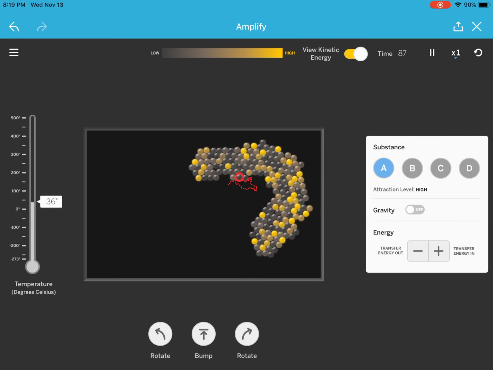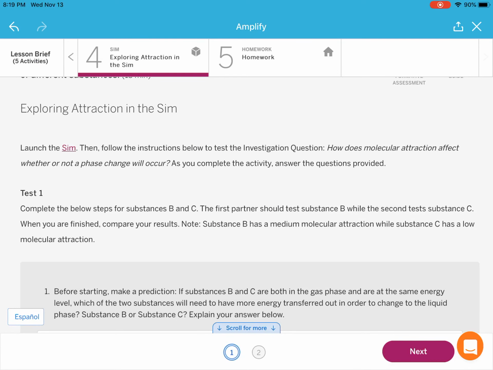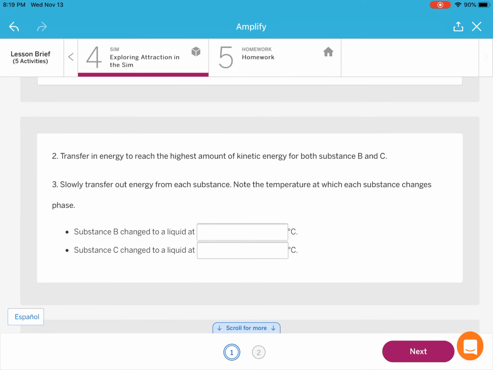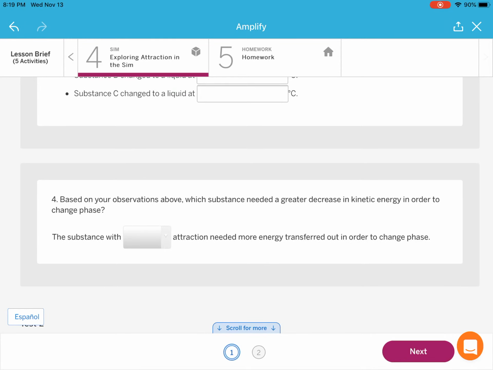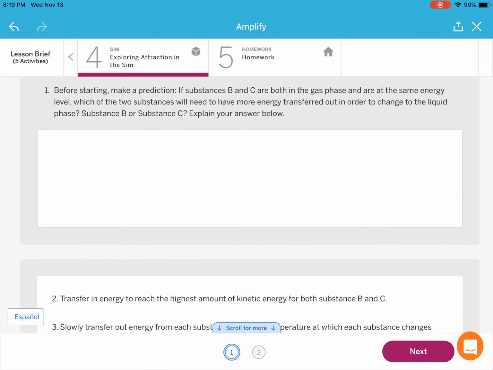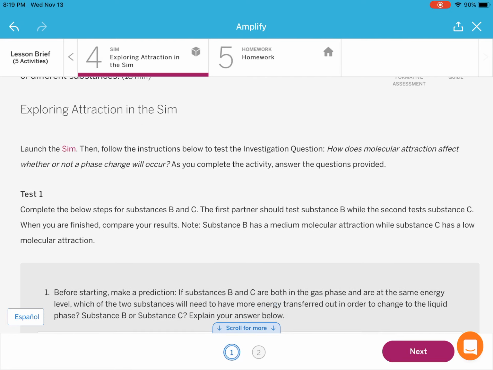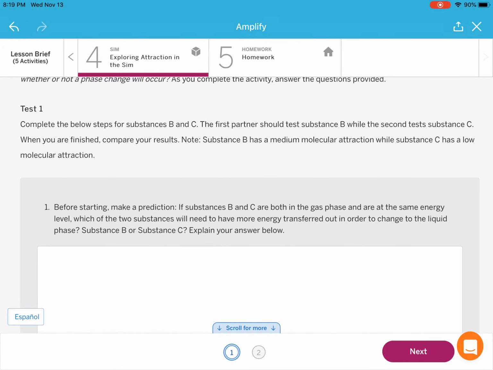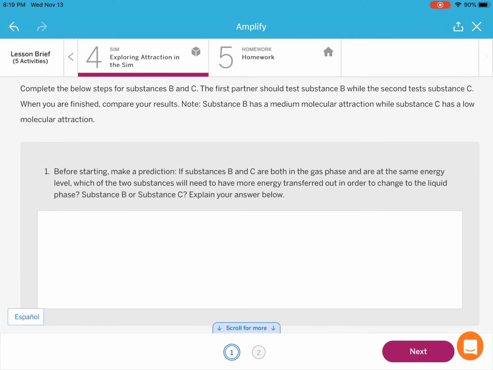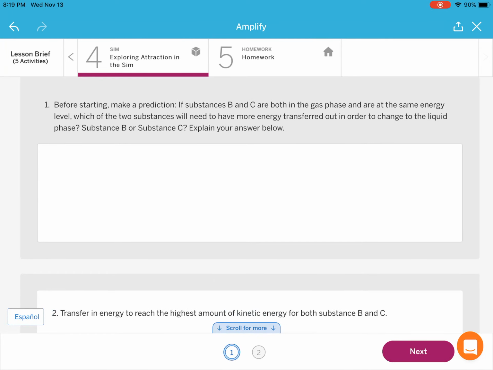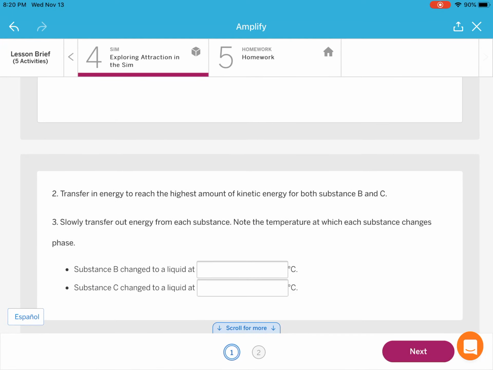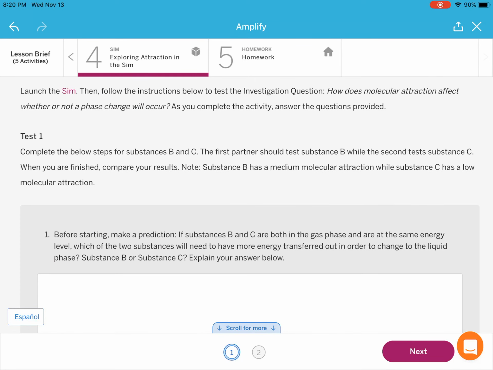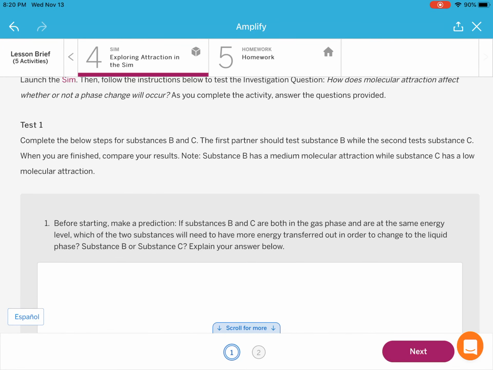Okay, so going back then to what you're supposed to be doing here, you have a page that Mrs. McGraw handed out to you, and in that you're going to answer these questions on that piece of paper. You could go ahead and put them in here if you'd like, but it needs to be on the paper, please. So go ahead, look at your test 1, follow exactly what it says.